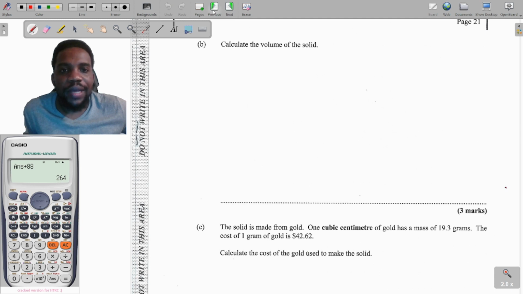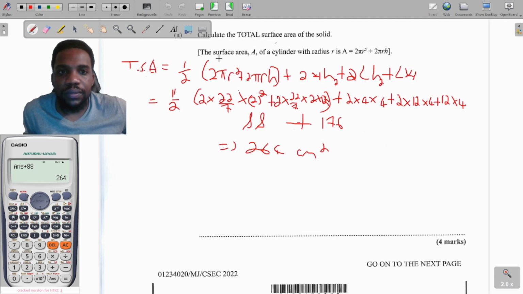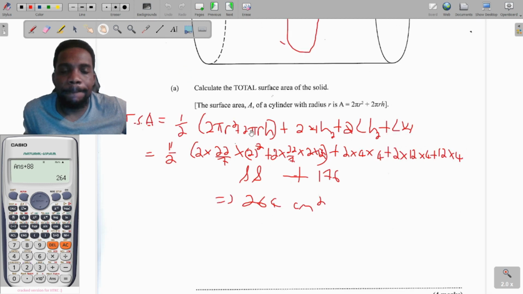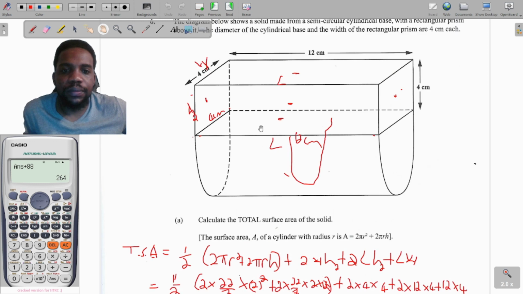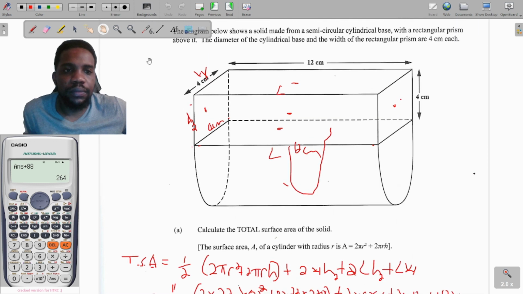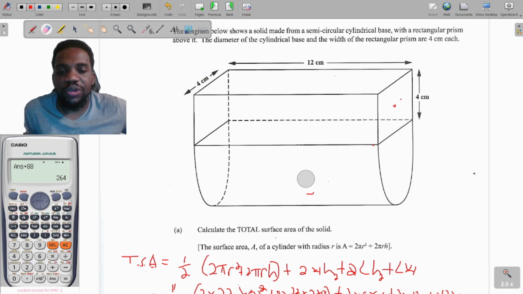Alright, let's go back. Let's pull this down. Now, this is something I want everyone to remember. This is a prism because it has a uniform cross section. Notice it has the same face here and the same face here.